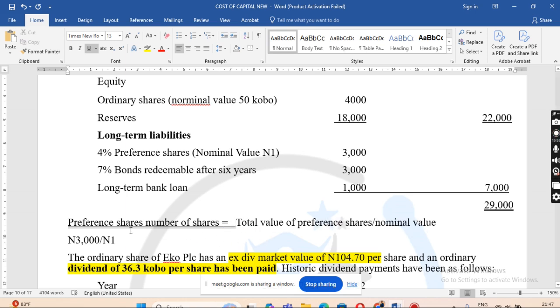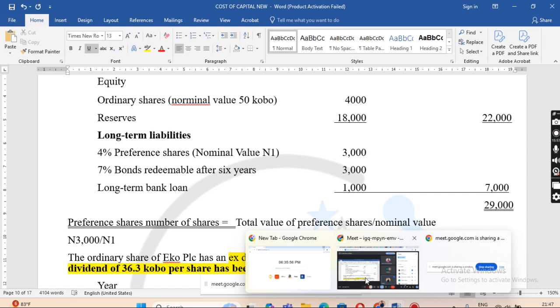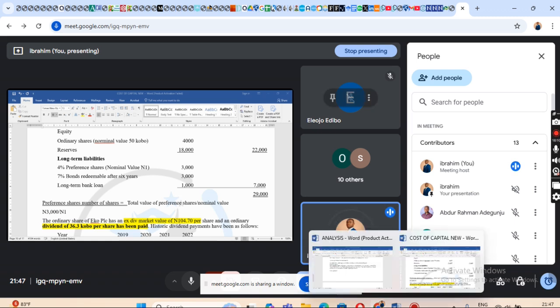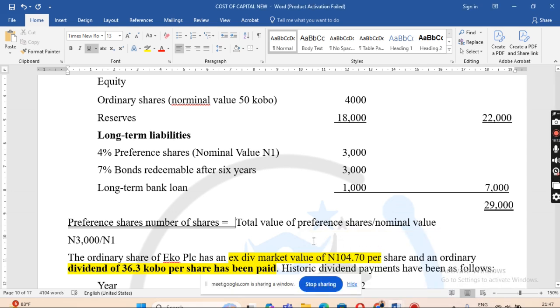Don't forget that when you say market value SD, it means per one. Dividend has been paid per share. Now, the current dividend per share is not given to you in this question. The current dividend for preference share is not given.